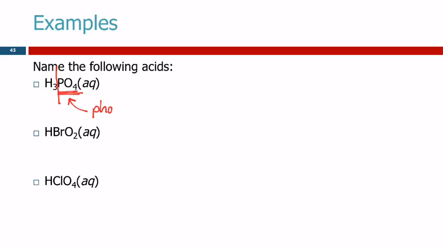I hear some good guesses. It's phosphate. So that's phosphate ion. I'm going to change this ending. Rick ate. Ic and ate go together. I'm going to change ate to ic. So this is phosphoric acid.